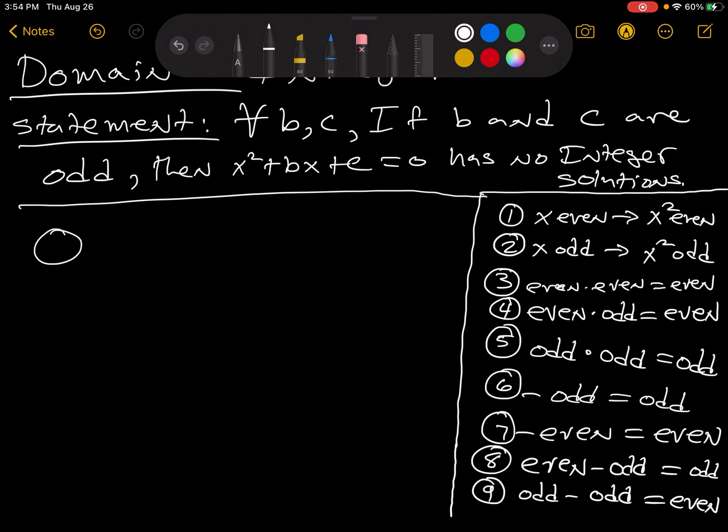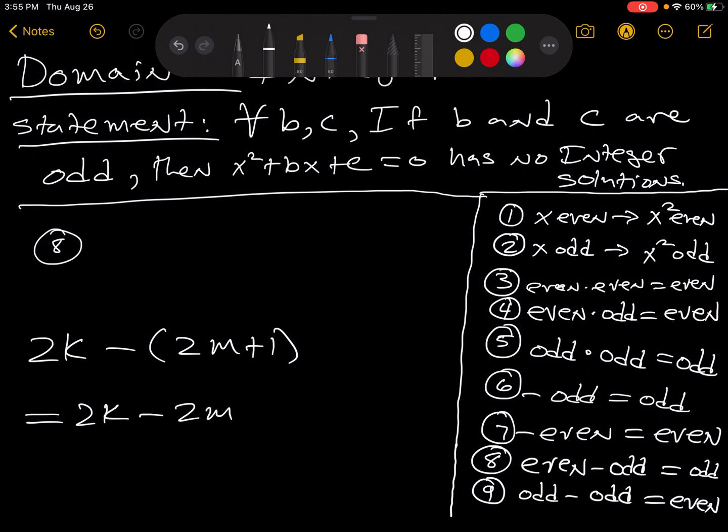Moving on to 8. So an even minus an odd is an odd. 2k minus (2m plus 1). Here we have even minus odd. This is 2k minus 2m minus 1. This is 2k minus 2m minus 2 plus 1 again.